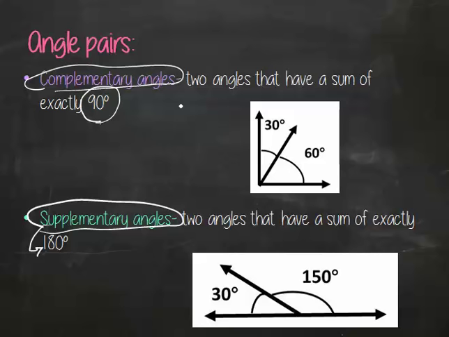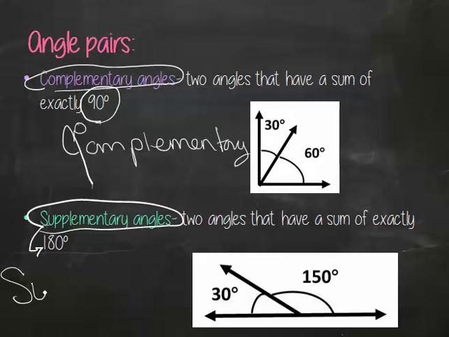Okay, a way that I've seen students remember this: when you spell out complementary, when you draw a line down from the C, it makes a 9, so that's 90. This is just kind of a trick to use.